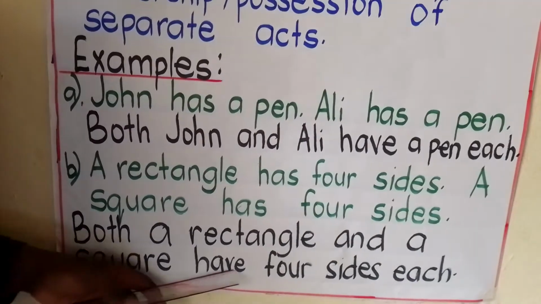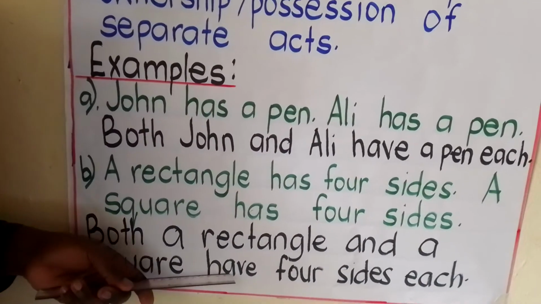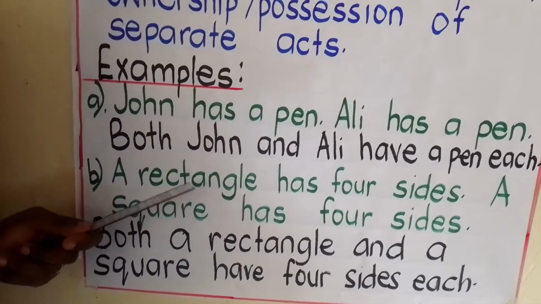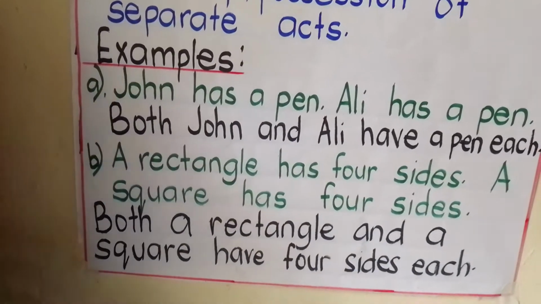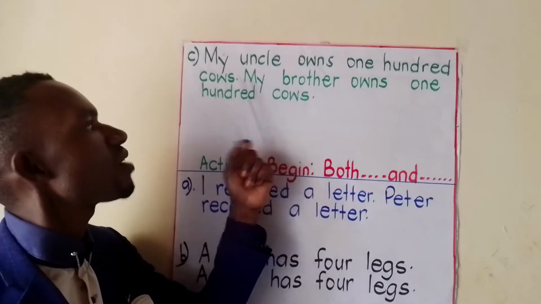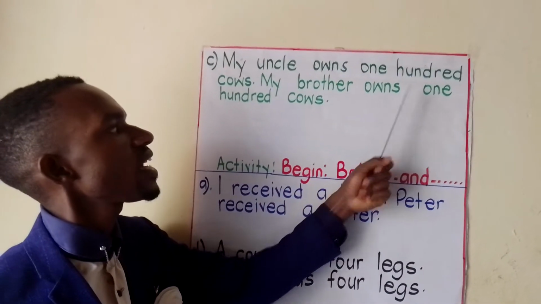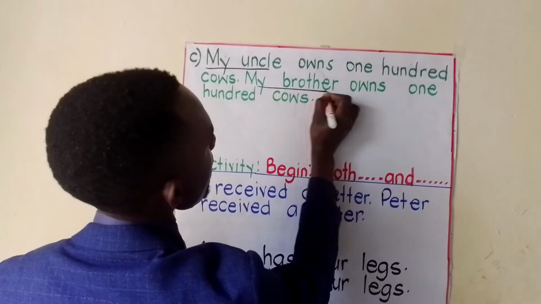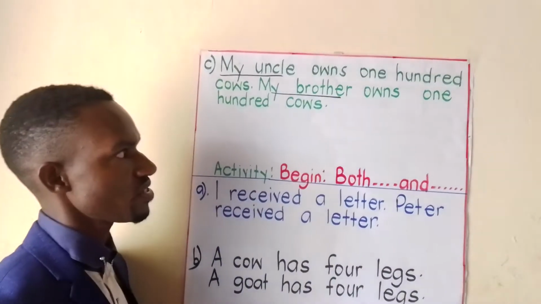We have said we use the main verb have from the main verb has because we are talking about two subjects. For example, my uncle owns 100 cows. My brother owns 100 cows. Here we have got two subjects, my uncle and my brother. And the main verb that is used here is owns.